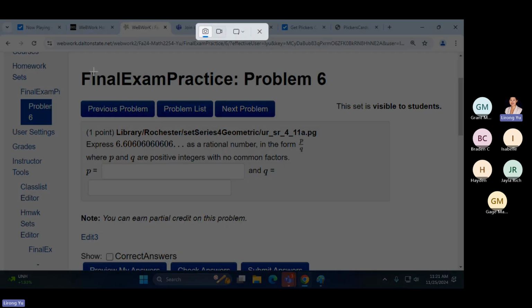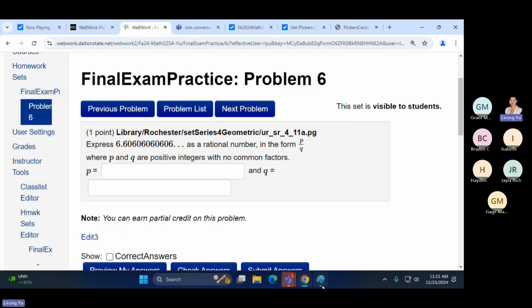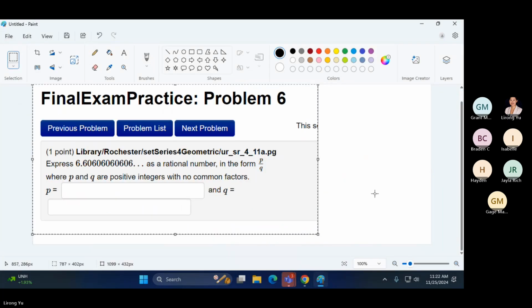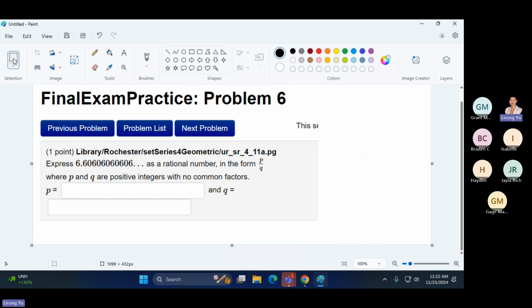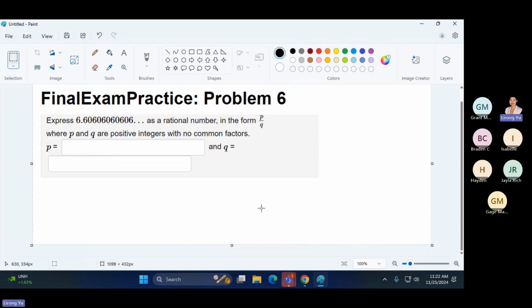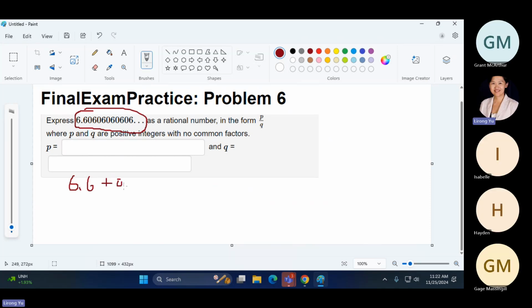So maybe I can try to explain this process, one of the applications of infinite sum. I think it was in the textbook. Essentially, we aim to figure out the true value of that fraction, that number. So what is this number? It's actually 6.6 plus 0.006.